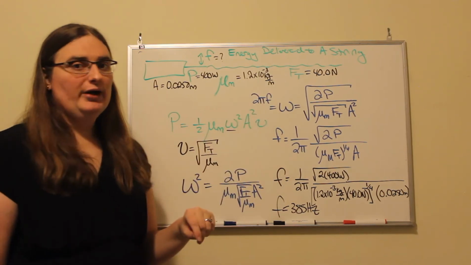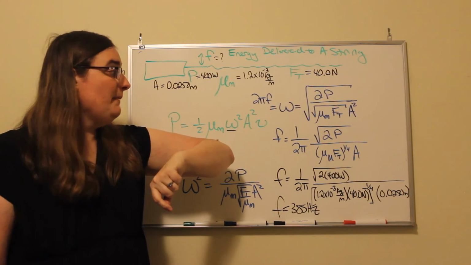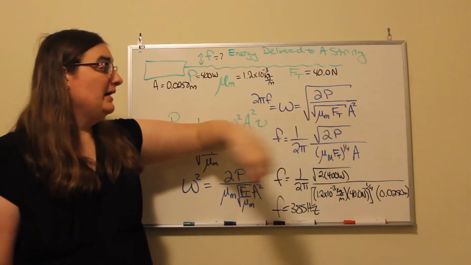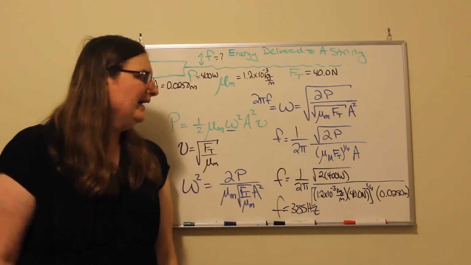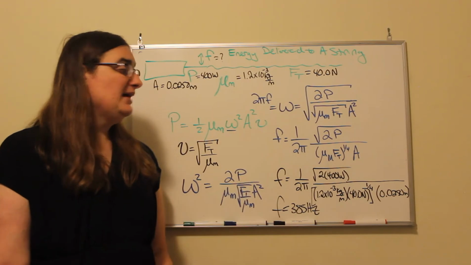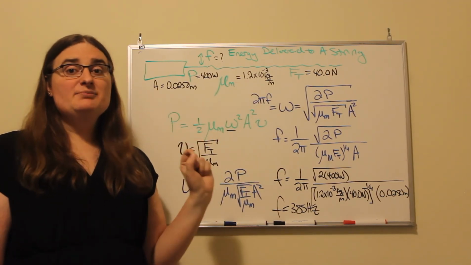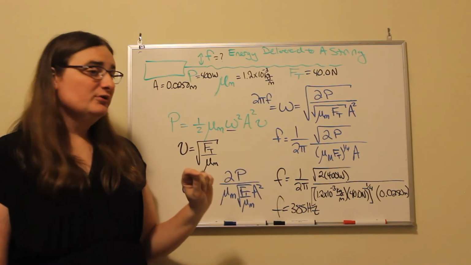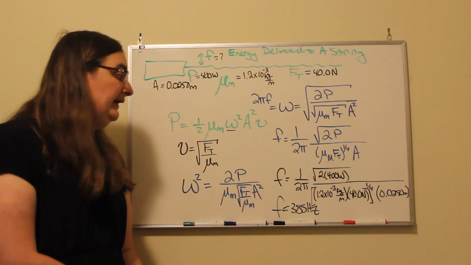If I take the square root of that, I'd have the square root of 2 times the power delivered divided by the linear mass density times the force to the 1/4 power, and the square root of the amplitude squared gives me my amplitude A. And since omega is 2 pi times my frequency, the frequency would be 1/2 pi times that quantity for omega.